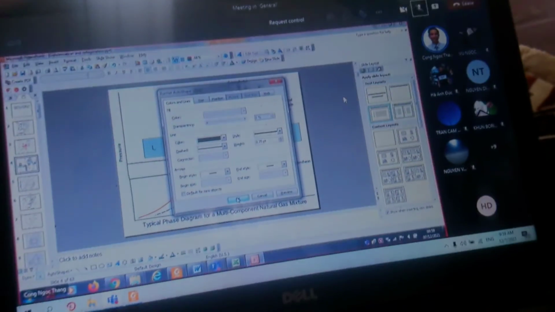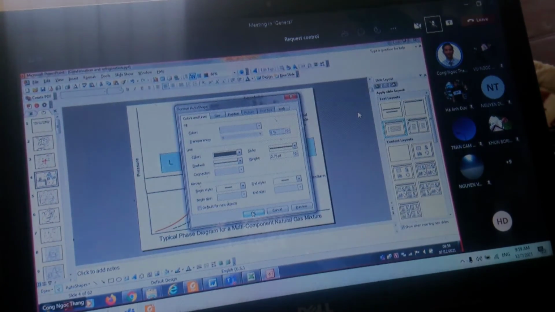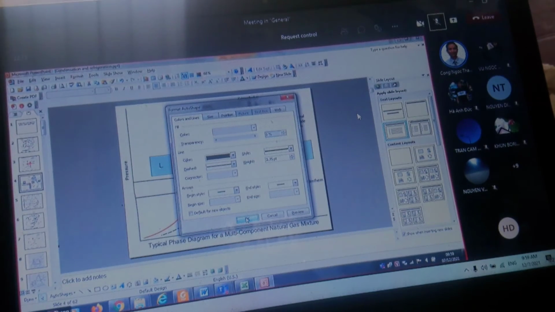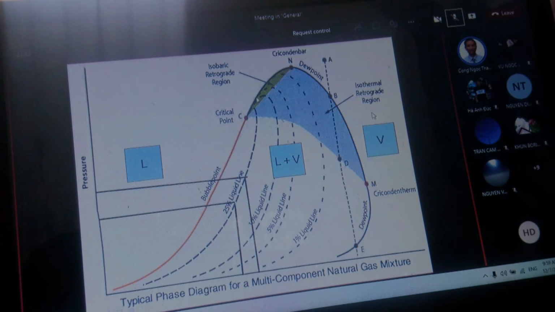As I told you, in this chapter we mainly concentrate on the liquid and vapor phase, and also the liquid plus vapor region below this curve envelope.